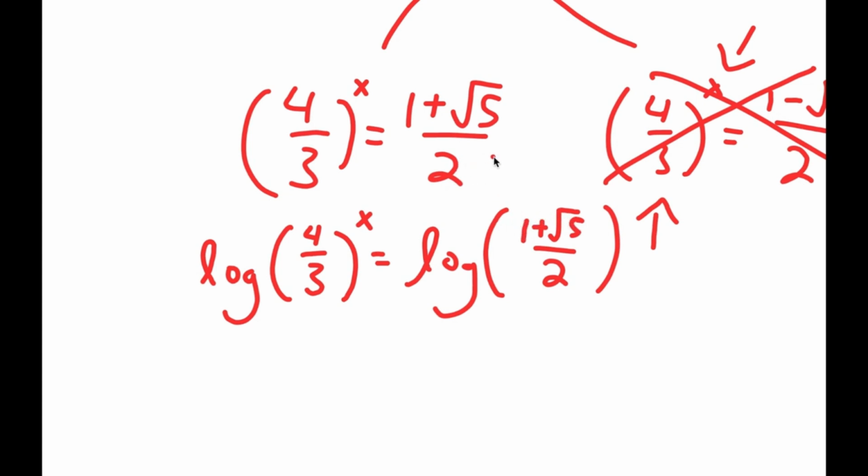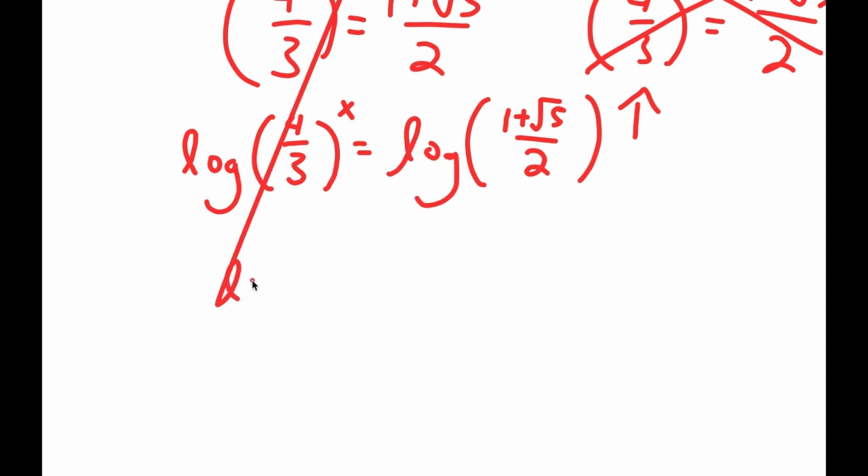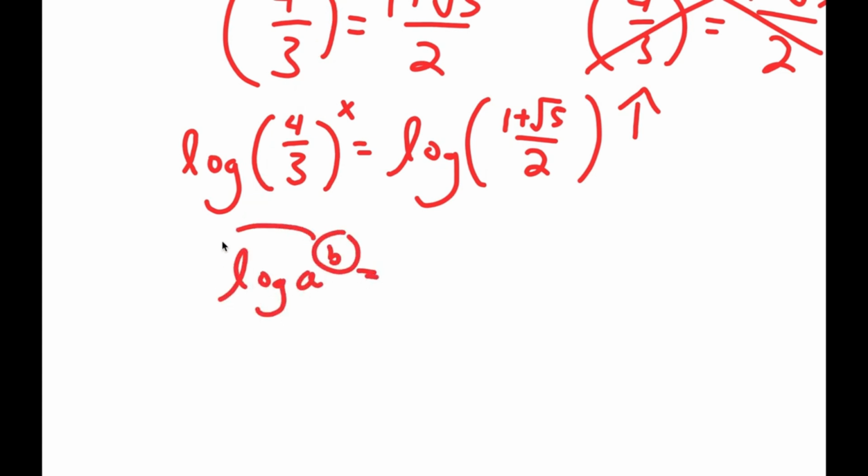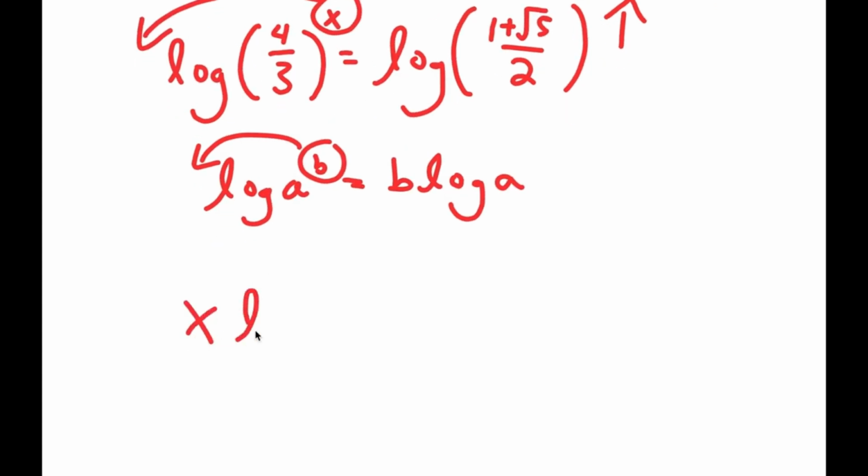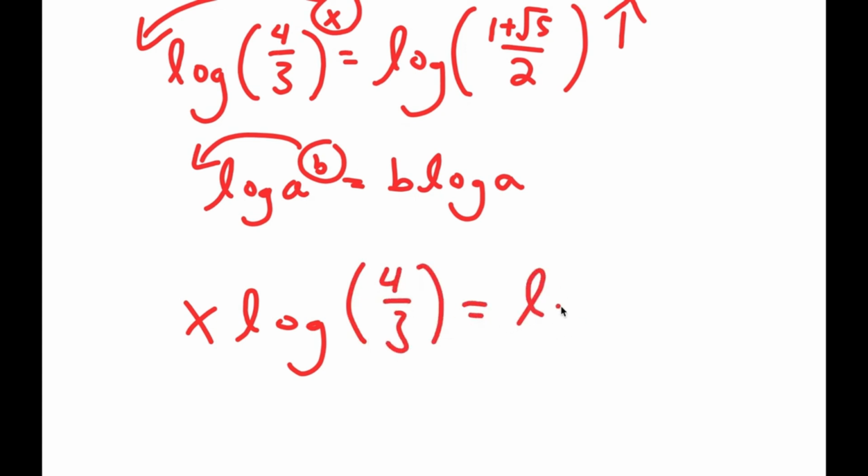Now, if I have something in the form log a to the power of b, I can move this exponent b to the front, so it's going to equal b times log a. In this case, I have log of (4/3)^x, and I can move x to the front. So I get x times log of 4/3 is equal to log of (1 + √5)/2.